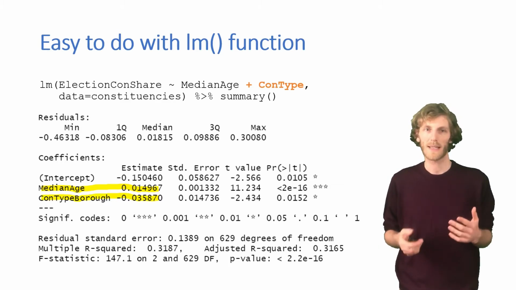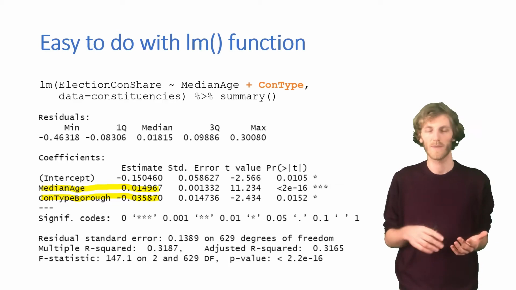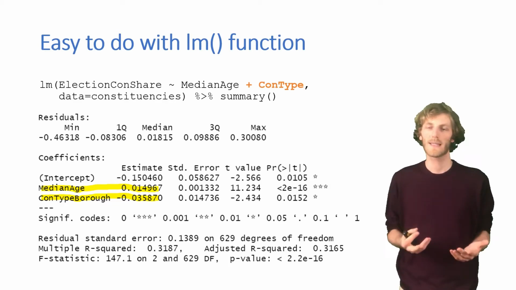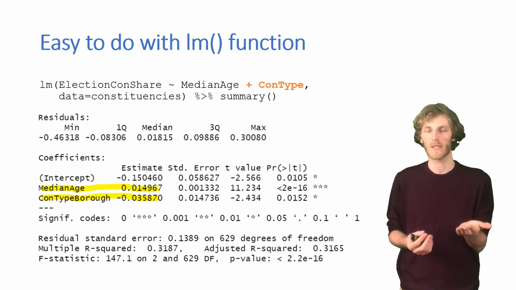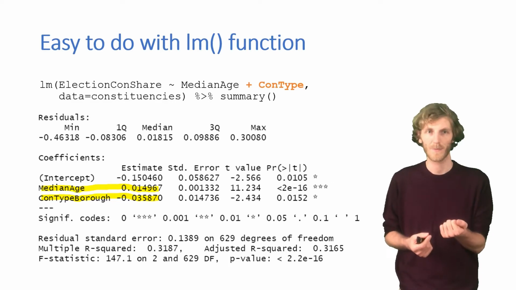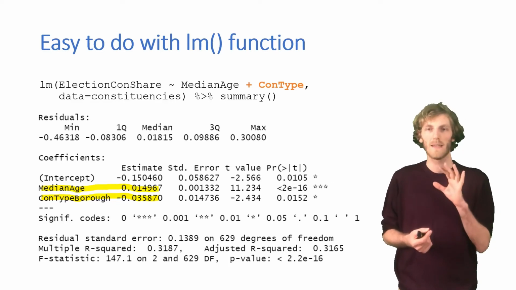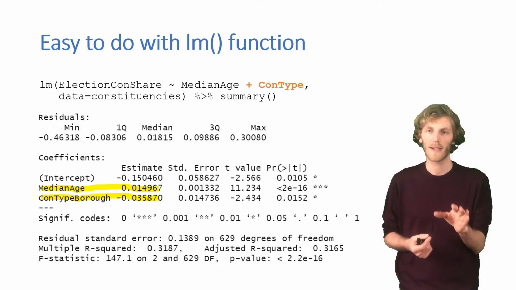Likewise, we get an effect of constituency type holding age constant, and we can see that borough constituencies indeed have a slightly lower conservative vote share than county constituencies. Now, when both variables are in the model, it's much less so than if we don't consider age.